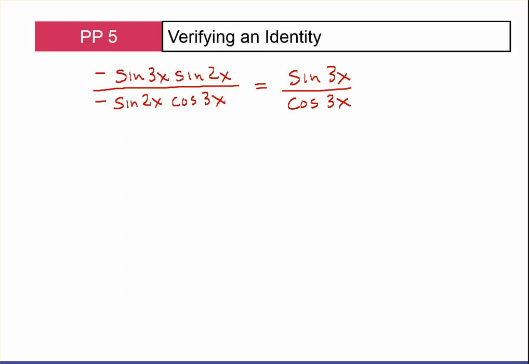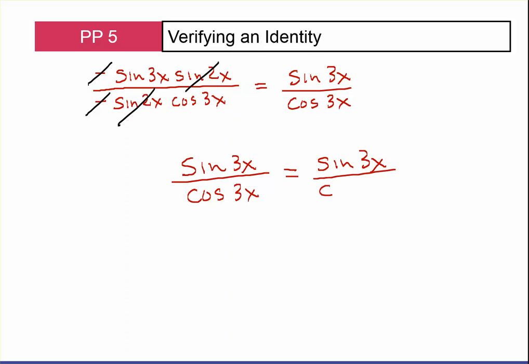That's what we had from the previous slide. And I think I got it here. The negatives cancel. And sine of 2x is actually both top and bottom. See that? It's the same exact trig function, same exact angle. So now I have sine of 3x over cosine of 3x, which equals the exact same thing on the other side.